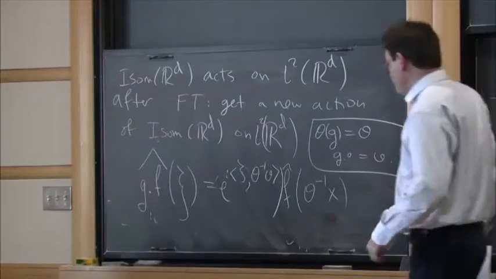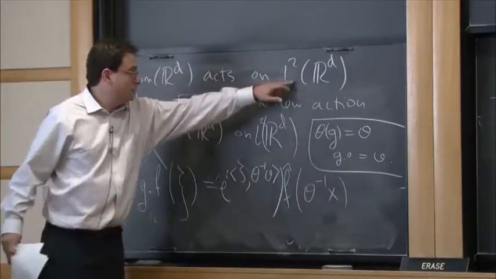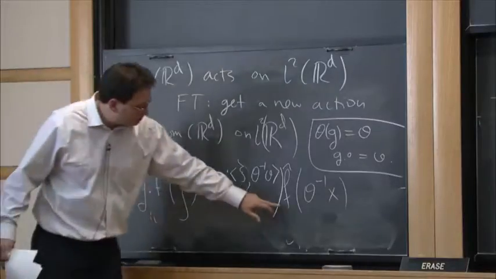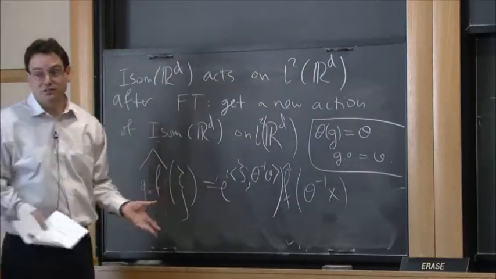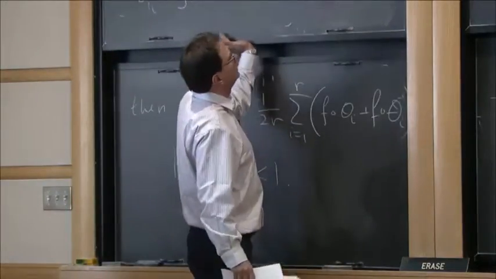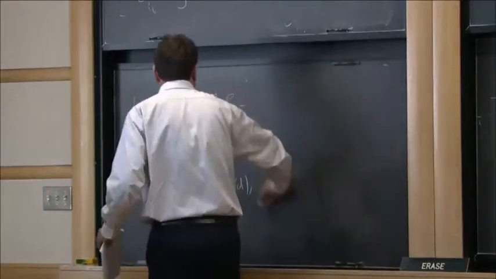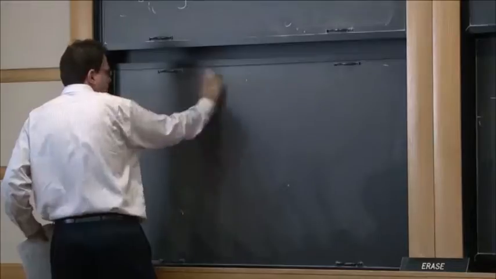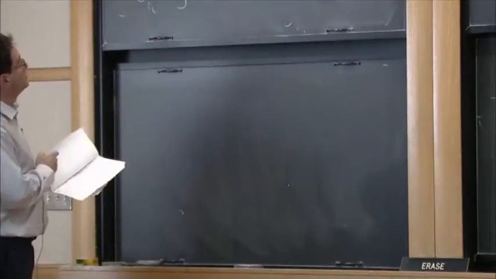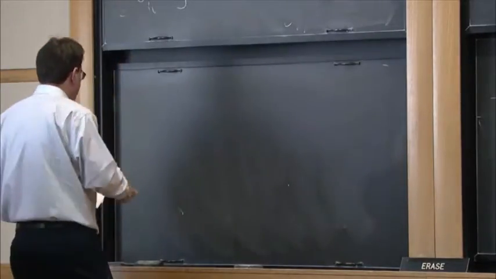The action on Fourier space immediately shows you that this representation is not irreducible, because you see that it acts sphere by sphere. This exercise basically told us that the action of the isometry group on L2 of Rd is actually a direct integral of representations.